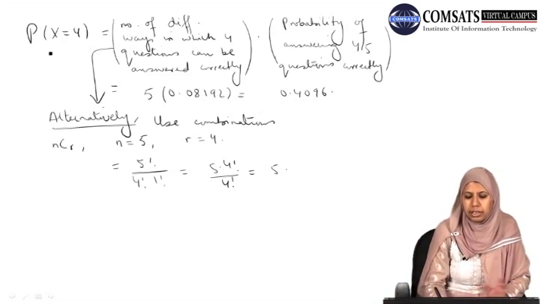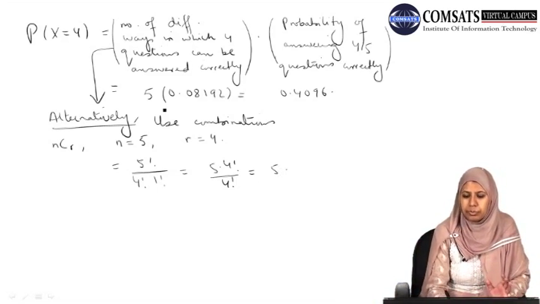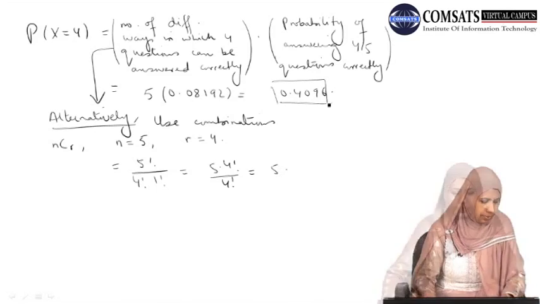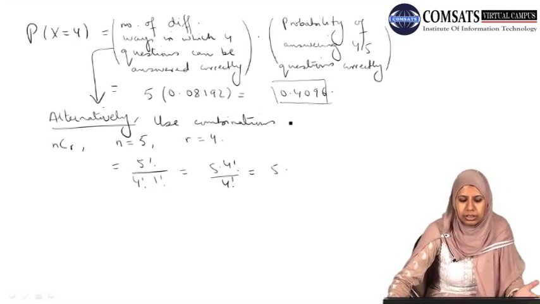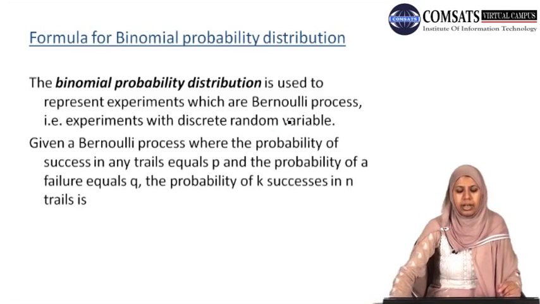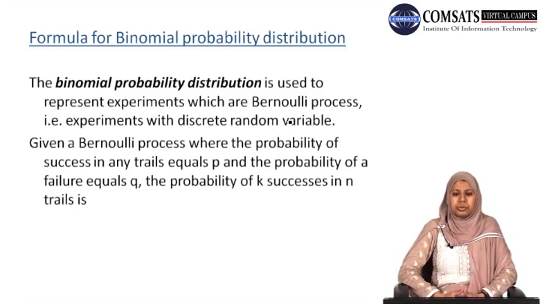So in this case, again by using the combination, 5 into the probability of answering 4 questions out of 5 correctly is this.